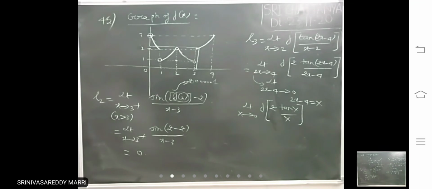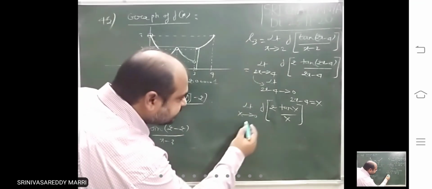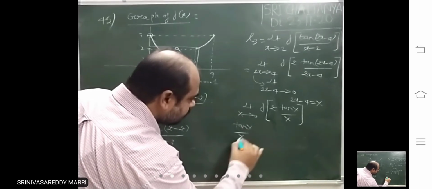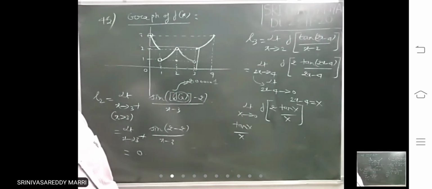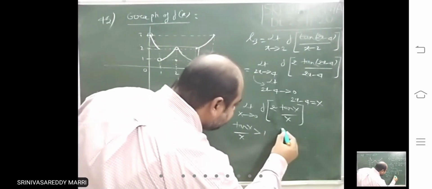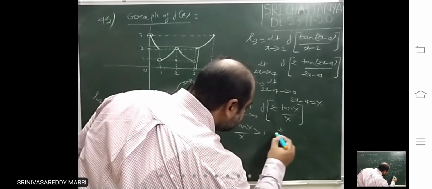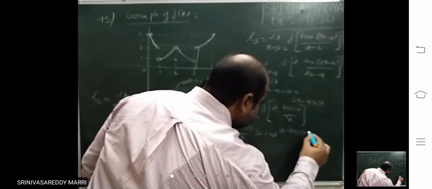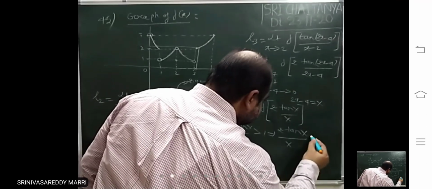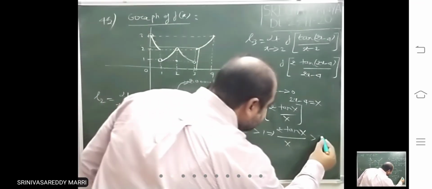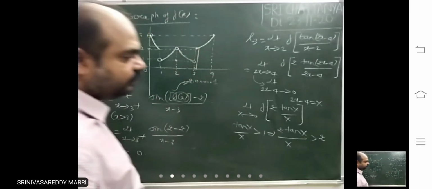Right? So now you know about tan x by x. When x is closest to 0, tan x by x is always greater than 1. Now multiply with 2: 2 tan x by x is greater than 2.